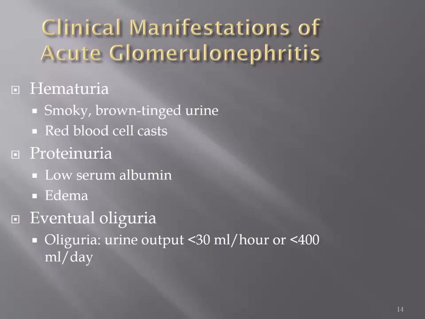Because of permeability, the patient will start developing edema. And edema, of course, is a consequence of low serum albumin. Remember that osmolarity is determined in the blood or in the serum by albumin concentration, as well as other solutes you have, but at this point albumin plays a critical role, so the patient will start developing edema.